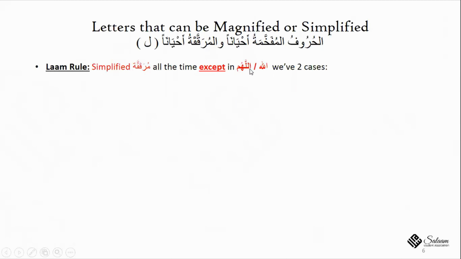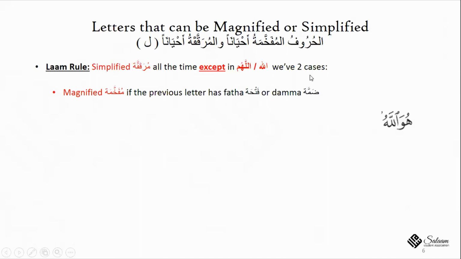So if you find Allah or Allahumma, you see the previous letter. If it's with fatha or dhamma, the lam in Allah or Allahumma will be magnified, will be مفخمة. Like هو الله. Why? Because before Allah is فتحة.